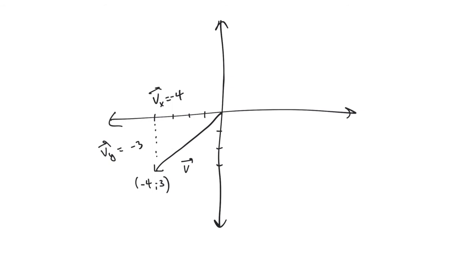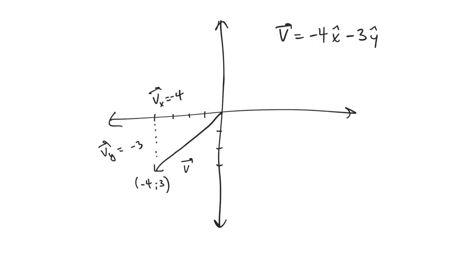So you could say this velocity is equal to -4 times the x unit vector plus -3 times the y unit vector. And the reason that works is, well, if you do the negative of a vector, it just flips it around.